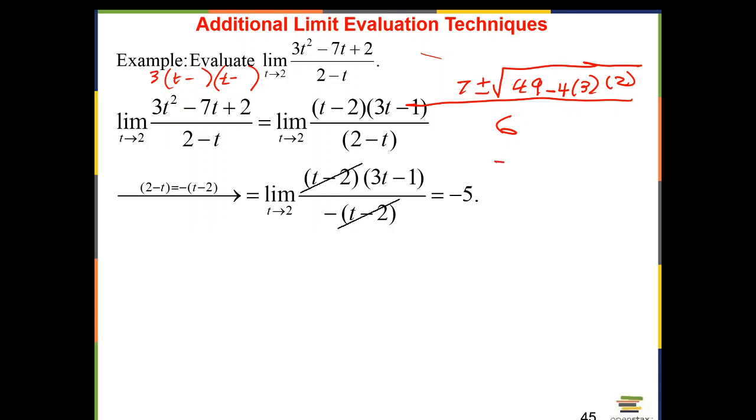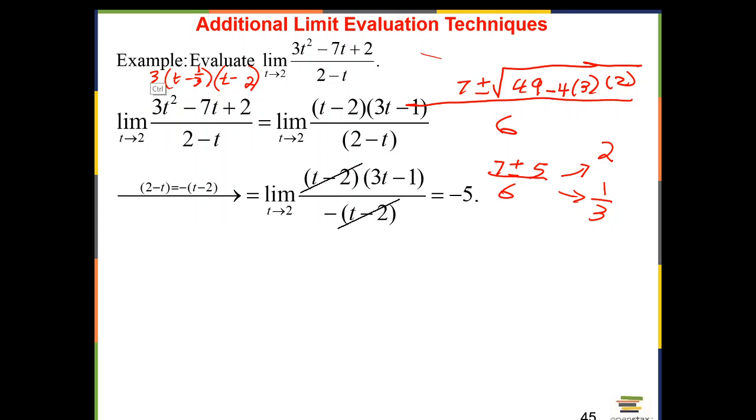So that is 7 plus or minus 5, because 49 minus 24 is 25, and the square root of 25 is 5, divided by 6. So either we get 7 plus 5 divided by 6, which is 2, or 7 minus 5, 2 over 6, which is 1/3. So we're going to put them here, 1/3 and 2.